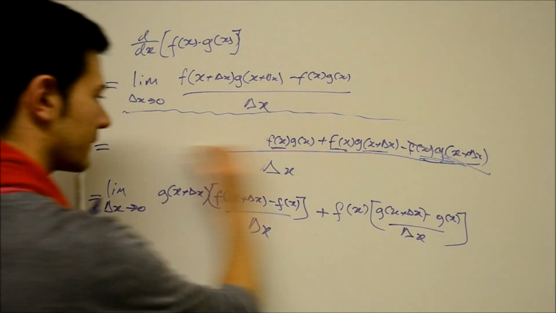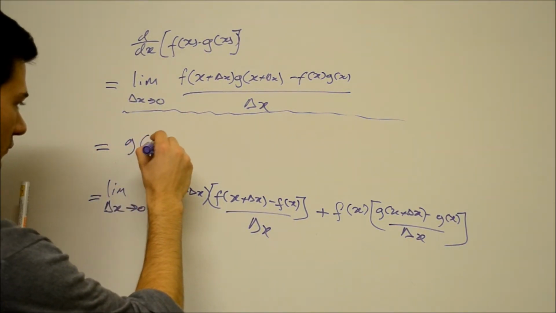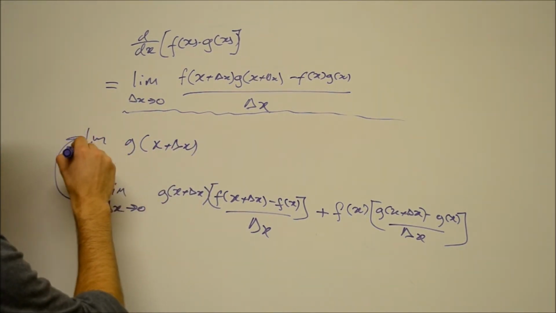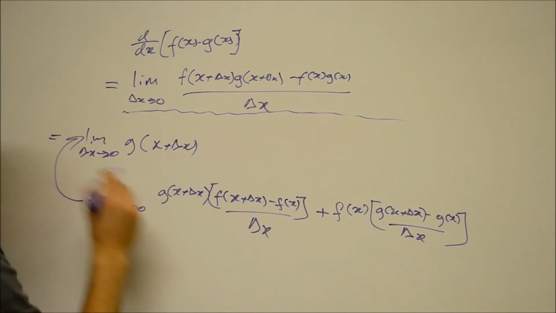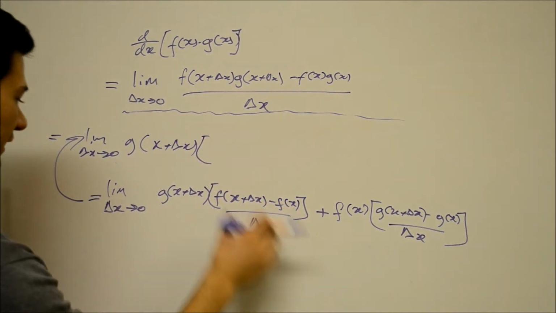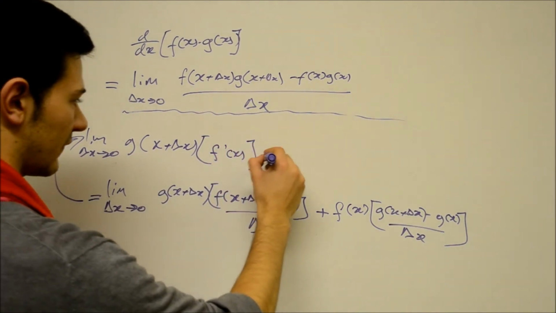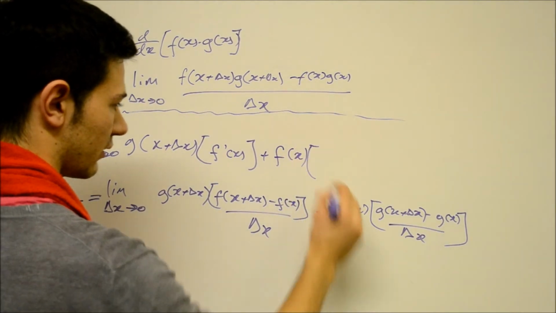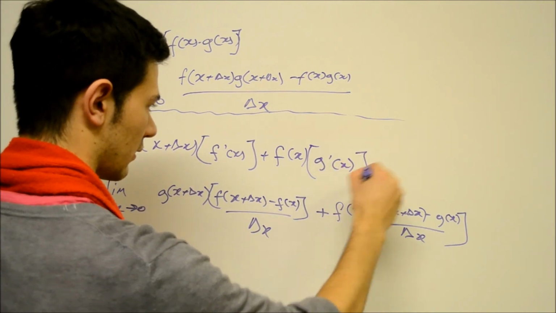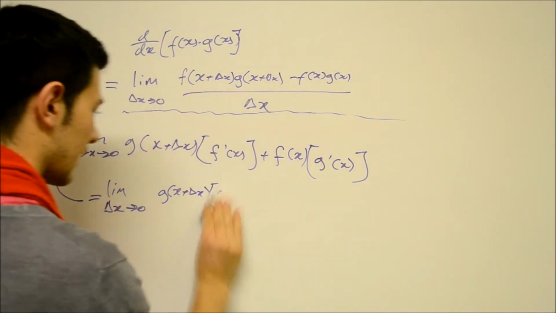So we can rewrite this as the limit as delta x approaches 0 of g of x plus delta x times f of x plus delta x minus f of x over delta x, which is f prime of x. And we're adding f of x times, same thing here, g prime of x. And essentially we're in the home stretch. This is more or less it.